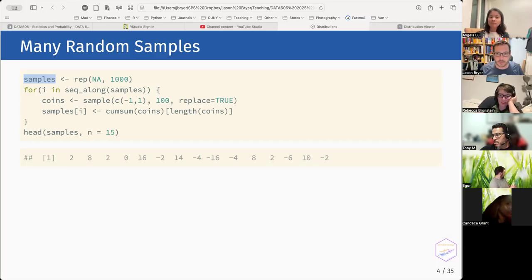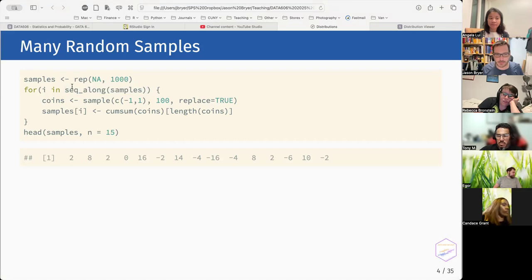Anyways, I like for loops because to me they're a little easier to understand. For those of you new to programming in R, I'm going to have some looping variable i. Sequence along essentially creates a vector, 1 to 1,000.